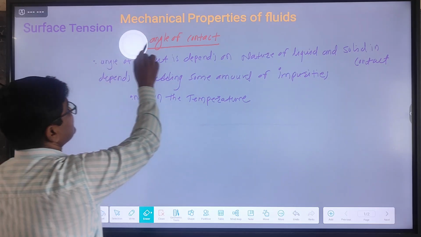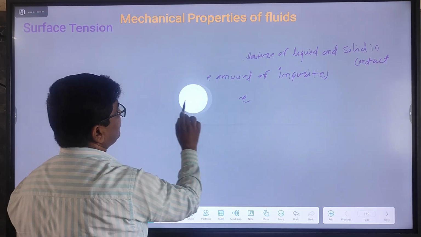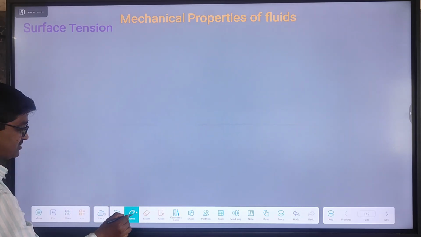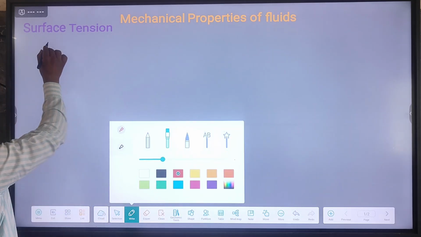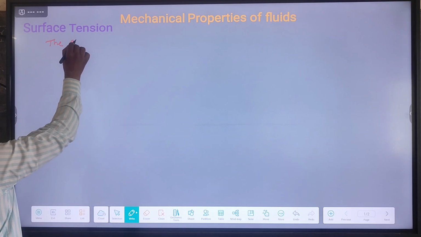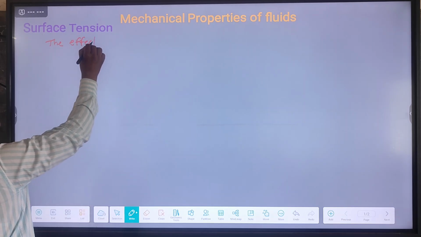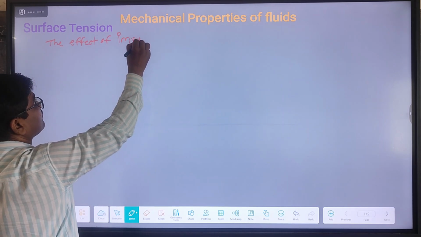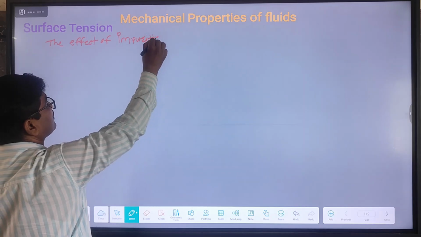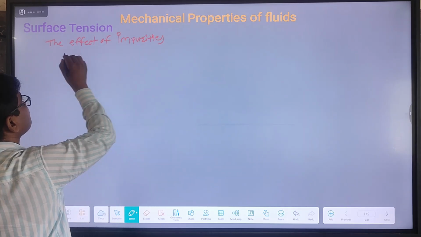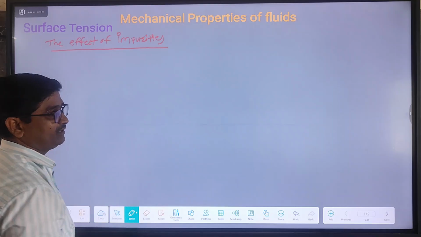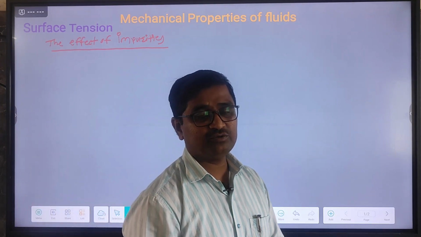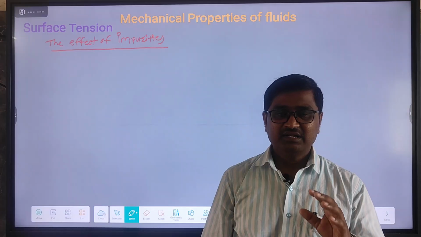Initially we discuss the effect of impurities on the angle of contact. There are three different concepts according to the effect of impurities.